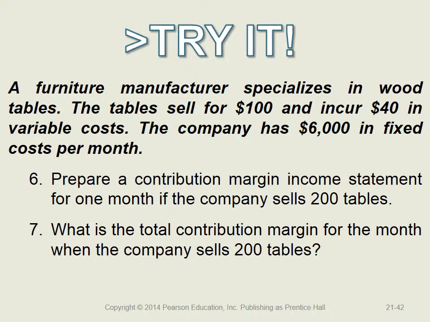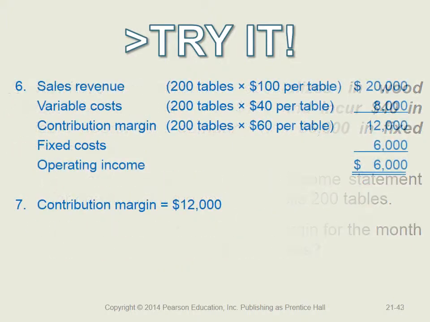We subtract out from that the fixed cost of $6,000 and get to operating income of $6,000. So all we have to do to calculate the contribution margin is to look up on the contribution margin income statement what that amount is. And you can see here that that's $12,000.